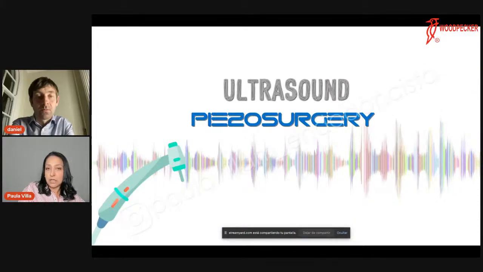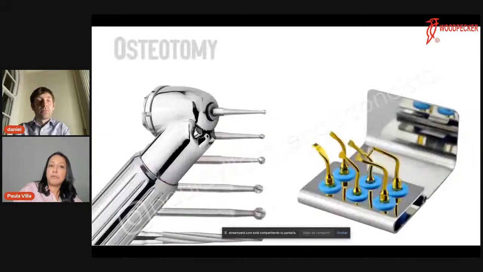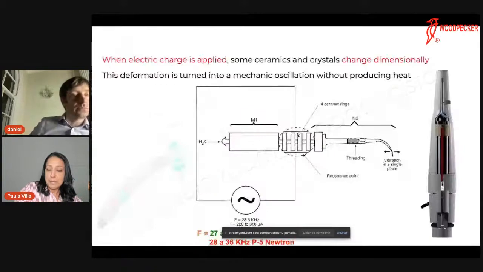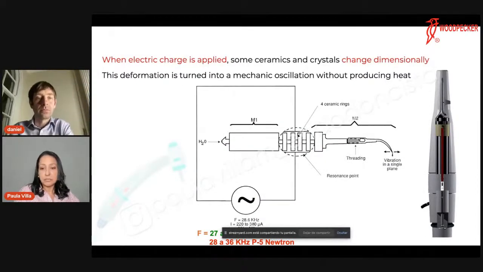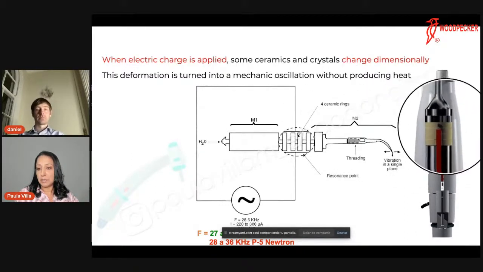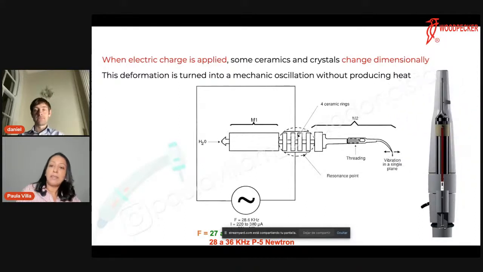The second technological aid is ultrasound. Ultrasound not only for preparing the apical cavity, but for performing osteotomy. Basically, piezo surgery refers to ultrasound, and I will briefly explain how it works. In the handpiece, we will find some ceramic rings, and those ceramic rings change dimensionally when electric charge is applied.